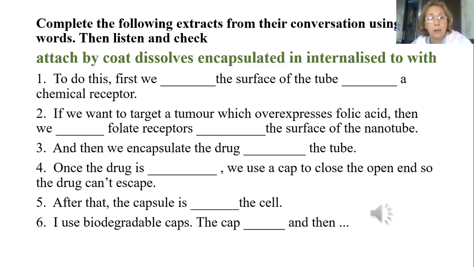Or attach, maybe. Surface. Coating, maybe. Maybe coat the surface of the tube. What preposition should be used here? Coat with the chemical receptor, right? If I'm not mistaken. Okay, we have less than 1 minute.